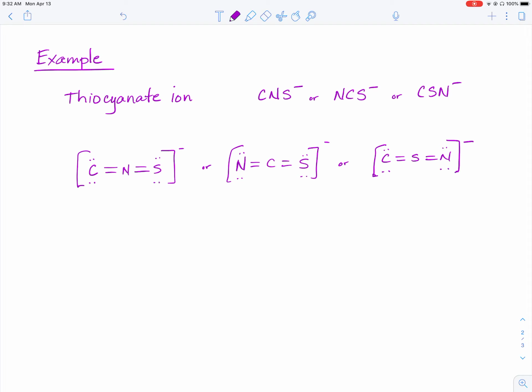So if I said that it just had those particular atoms together in its charge, you may not know what is the appropriate combination or attachment of those atoms to one another. You might imagine that you could put the structure together where nitrogen's in the center, or where carbon is in the center, or where sulfur is in the center. So how do you know which one of these is the correct thing?